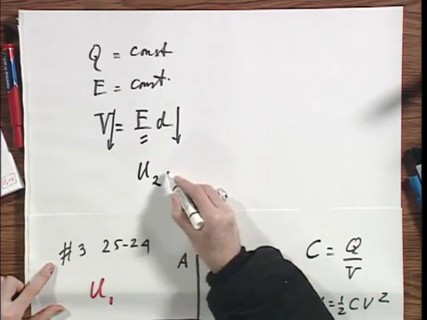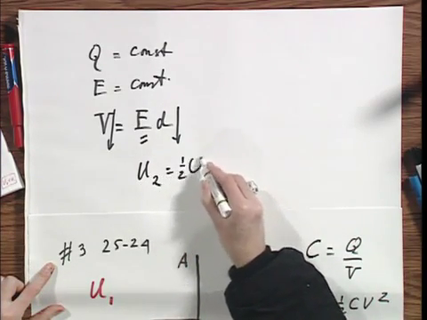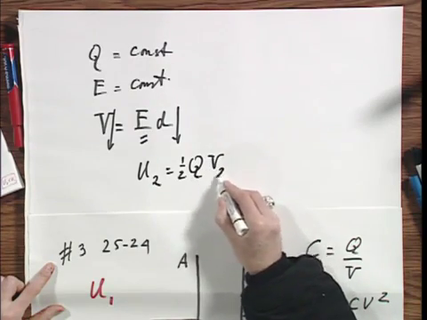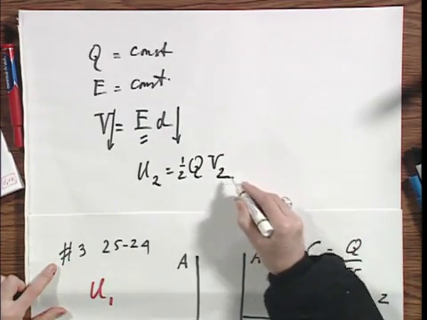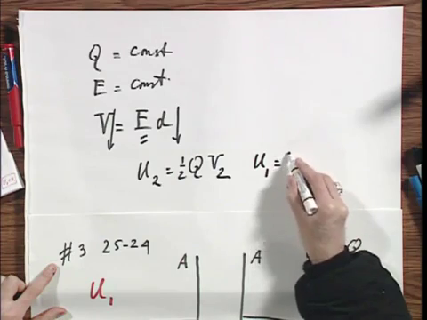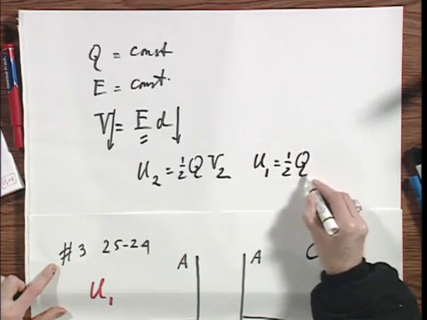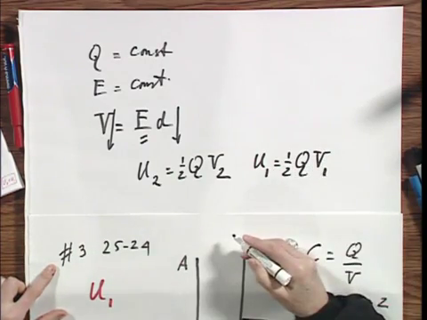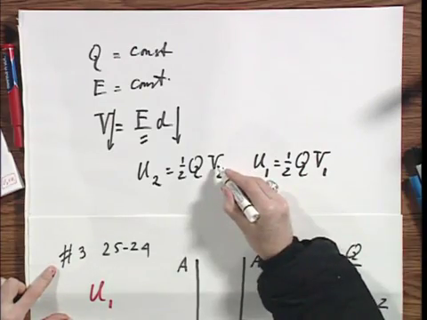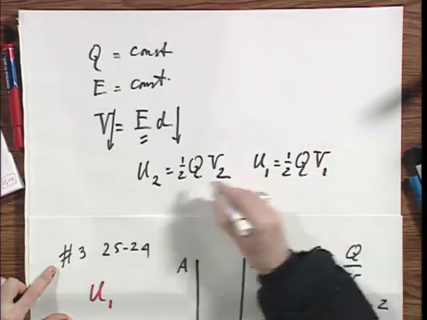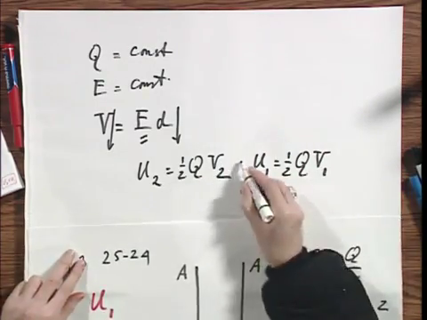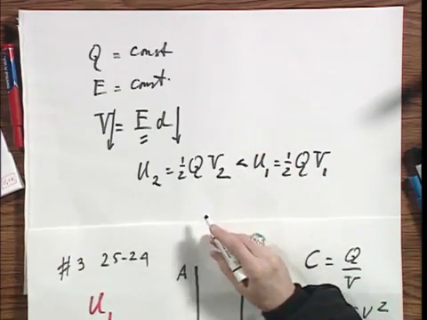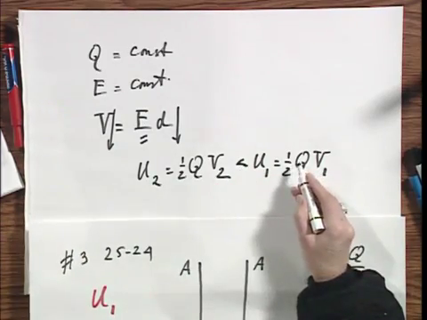And so U2, which is 1/2 Q V2, is clearly lower than U1, which is 1/2 Q V1, because V2 is smaller than V1 and the Q's are the same. So this is smaller than that.